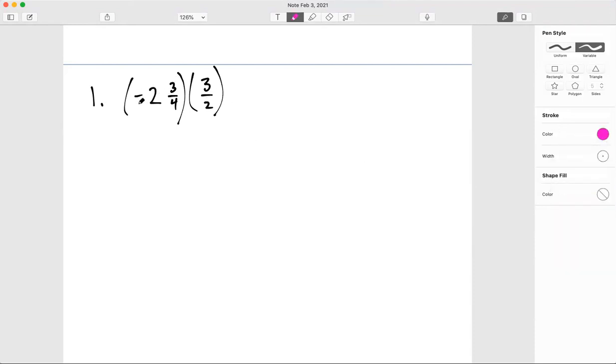So what do you do when you've got this number in front here? Well, you just have to rewrite it as an improper fraction. How do you rewrite it as an improper fraction? First, you multiply the bottom number of the fraction, which is 4, times the big number here, 2, and then you add the top number, which is 3.